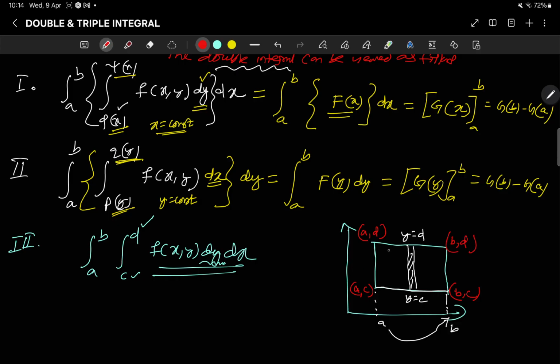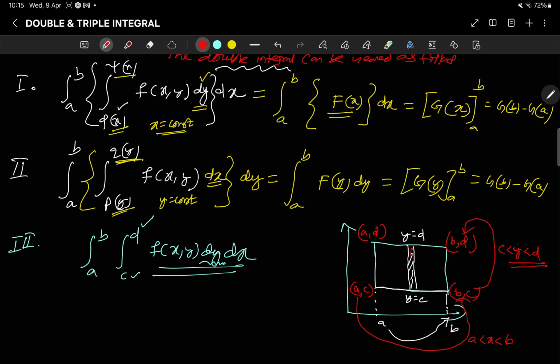Since the limits are constant, we can view the limit of x as a less than x less than b, and the limit of y as c less than y less than d. We can view it like this.